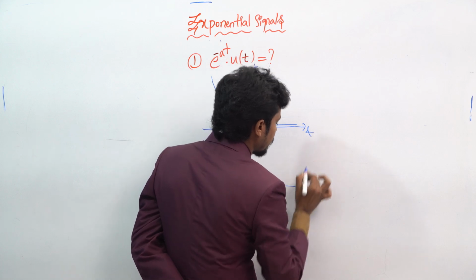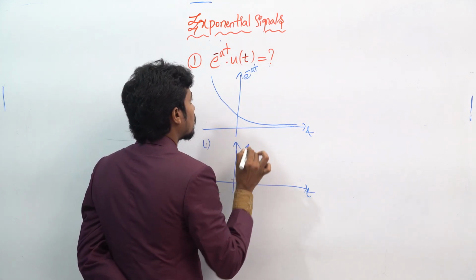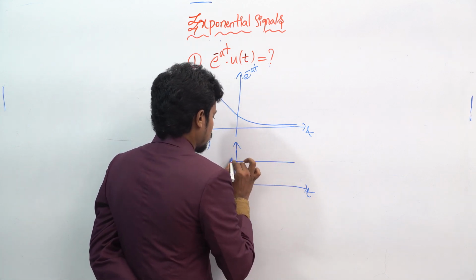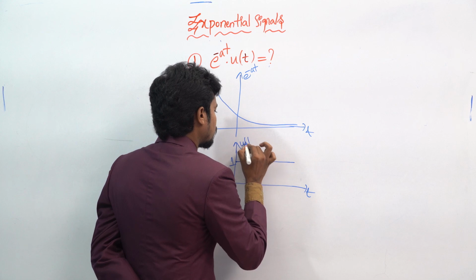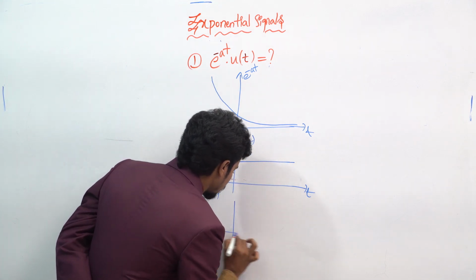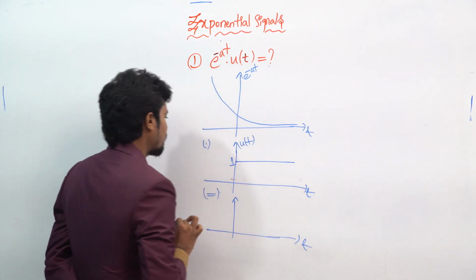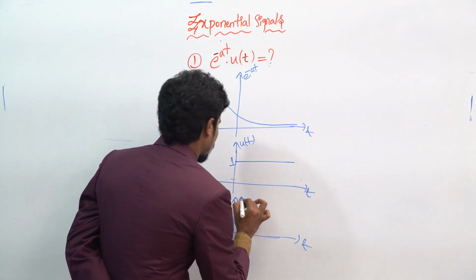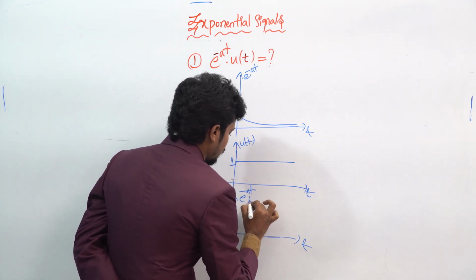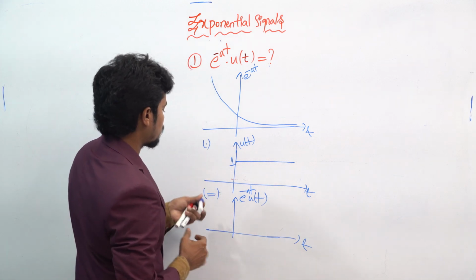This will be the time period t and this will be the time period t. And here you have to multiply it with u of t. What will be the result? The result will be like this. So you can apply the before case. This will be the e power minus at into u of t. Here this will be 0.